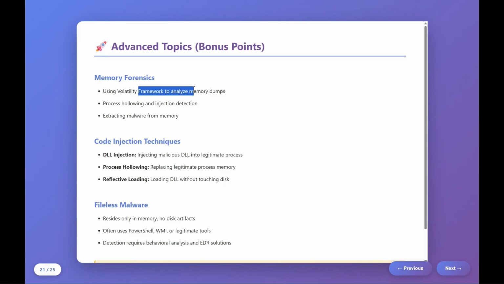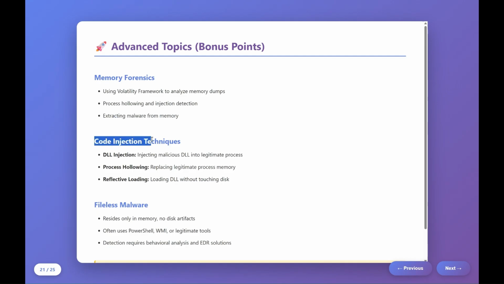It identifies cases where a legitimate process like svchost.exe has malicious code inside it. Malware extraction from memory is often possible even when the malware deletes itself from disk. And why is it important? Attackers increasingly rely on memory-only techniques, and memory forensics is one of the few ways to catch them.